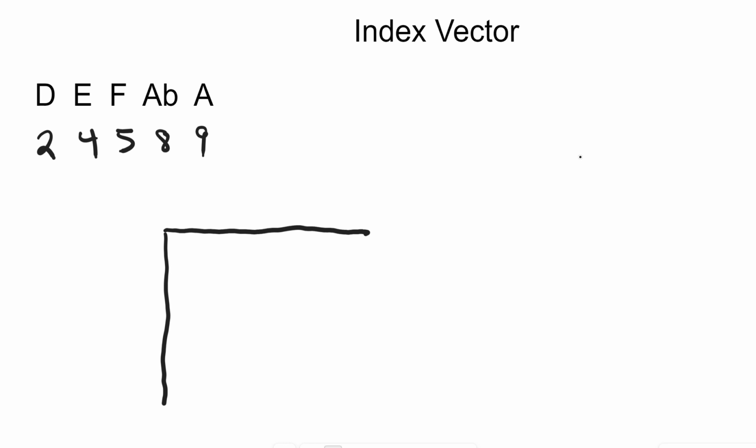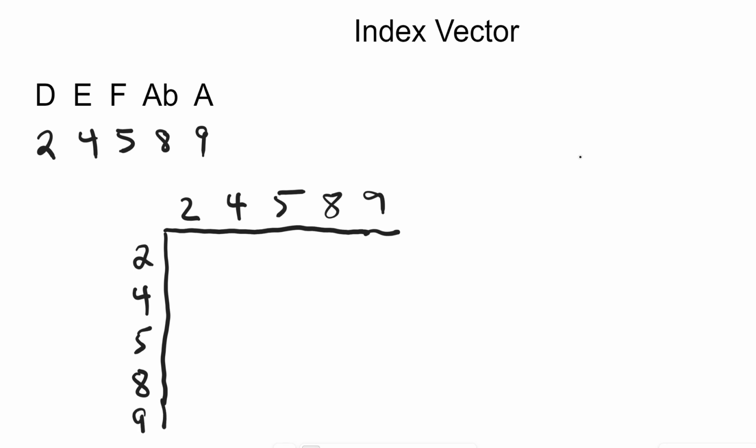And along the horizontal axis, along the top here, which we call the horizontal or the x-axis, we simply put in these numbers. So 2, 4, 5, 8, and 9. And now along the vertical axis, or sometimes called the y-axis, put in the exact same numbers again. 2, 4, 5, 8, and 9.